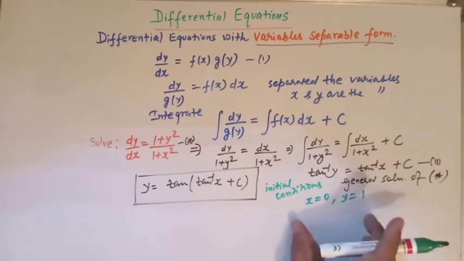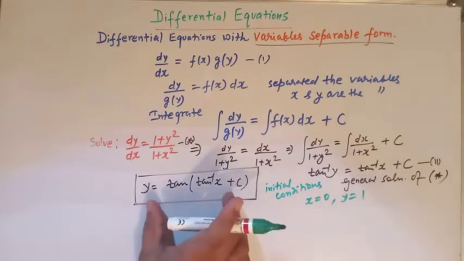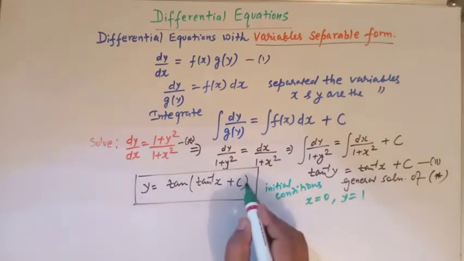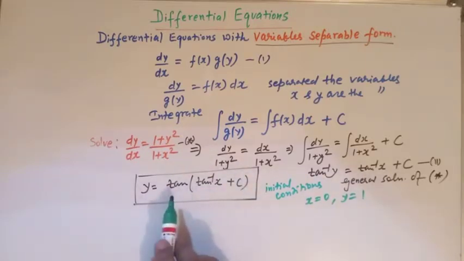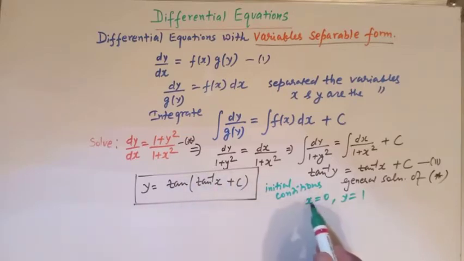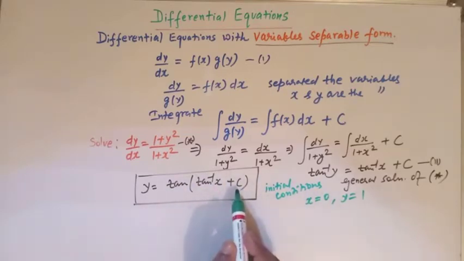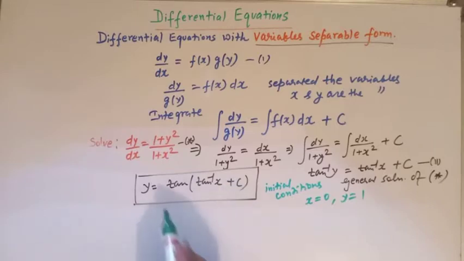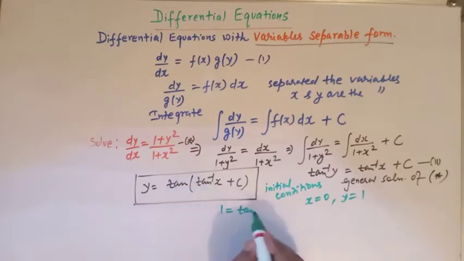Clear? So let us substitute these two values in this solution. Clear? And when we substitute the value of x and y, our aim is to find the value of c. Clear? So let us substitute here. Here y is 1 and we have tan inverse of 0 plus c. Clear?